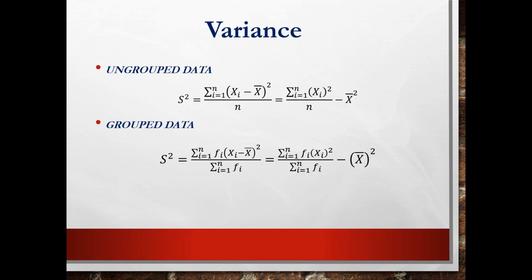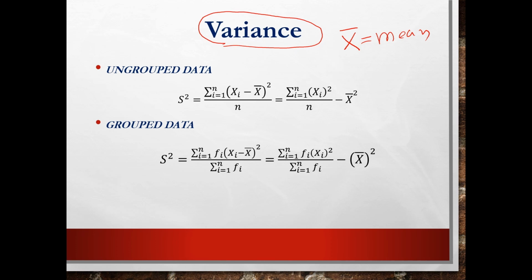Then I said the last measurement for measuring the spread or the dispersion is variance, where we consider the distance of each observation from the mean. So x bar is the notation that we use to represent the mean of a data set, right?